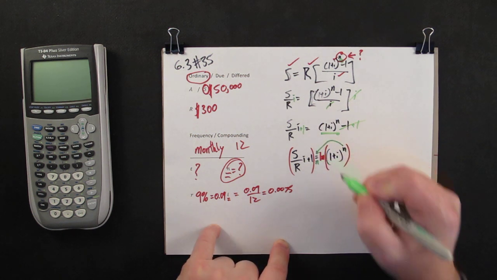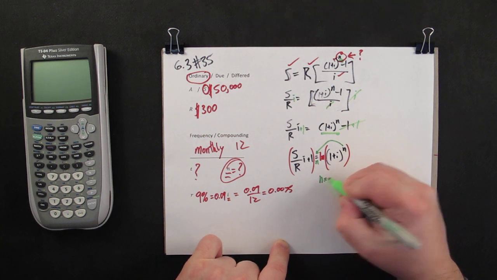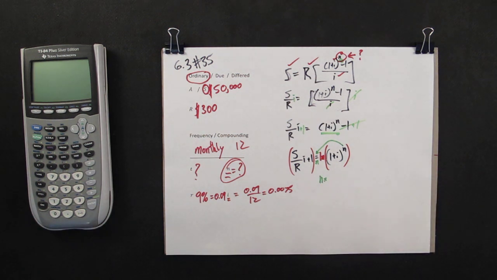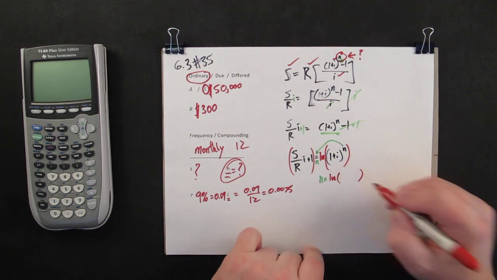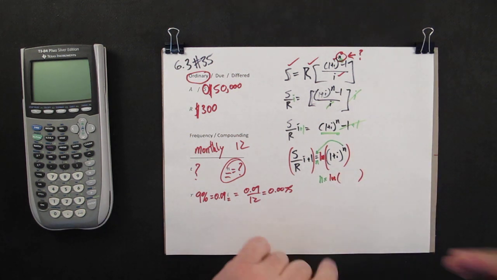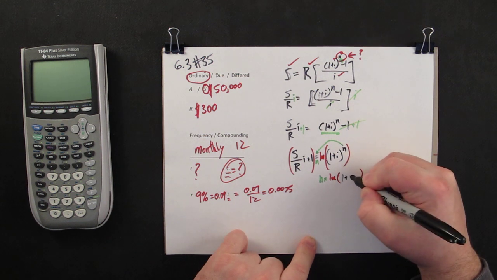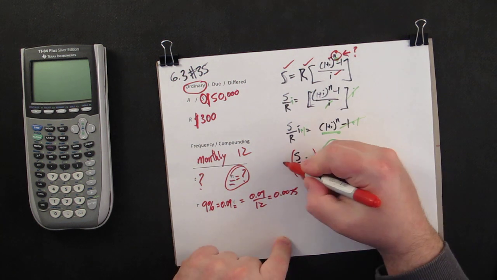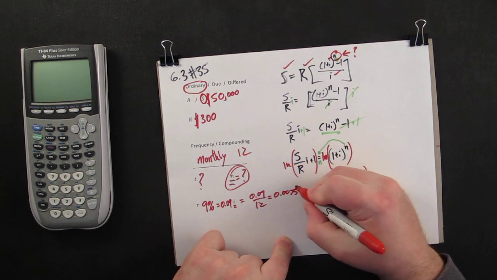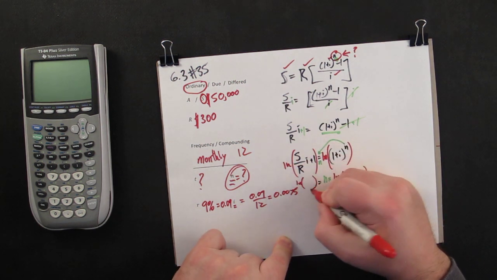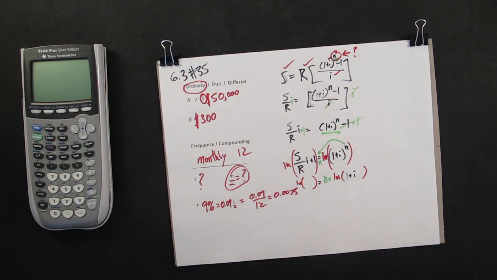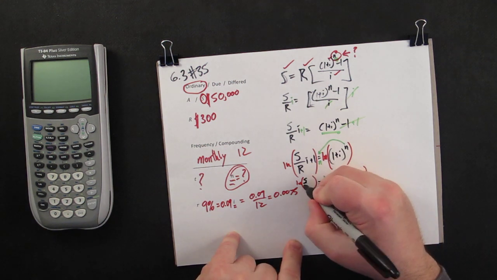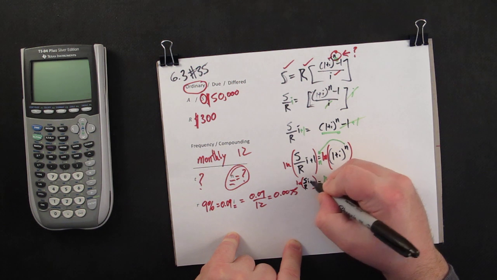That allows you to pull the n in front, so you get n times natural log of 1 plus your interest rate equals natural log on both sides of future value over payment times interest rate plus 1.